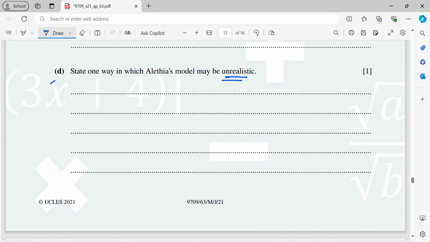So that will be the solution for part D. Okay, so one way may be unrealistic. So you say Aletheia's model does not allow for trains more than 20 minutes late.